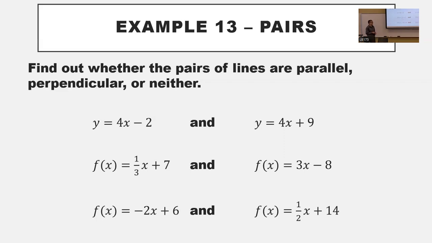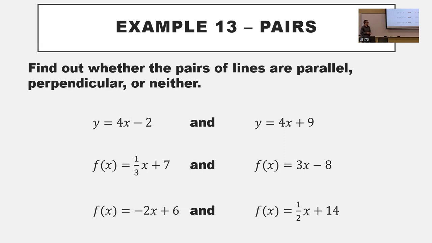1/3 and 3 are reciprocals, but they are not negative reciprocals. We need negative reciprocals to be perpendicular. They're obviously not the same: 1/3 is not the same as 3, and 1/3 is not the negative reciprocal of 3. So that's a neither case. And that last case, parallel, perpendicular, neither? Perpendicular, exactly.